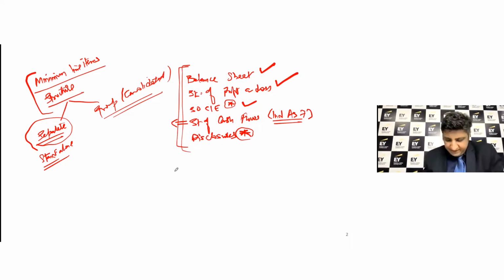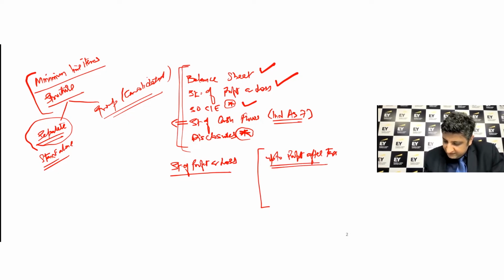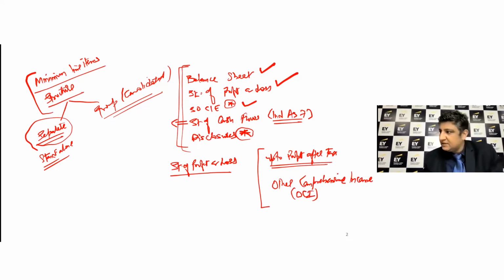There is one aspect that I should be mentioning here, is that my statement of profit or loss has two parts: something up to profit after tax. Okay. And there is a new element that you would hear, and we'll be using it very often when we discuss different standards, something called other comprehensive income, or OCI.